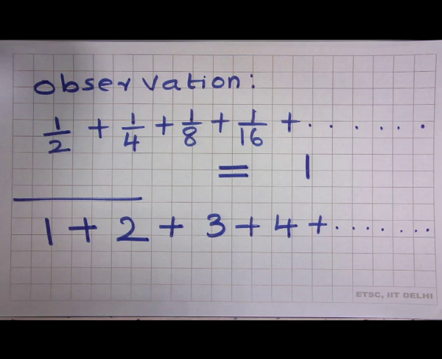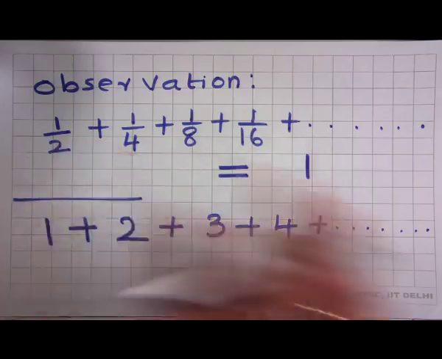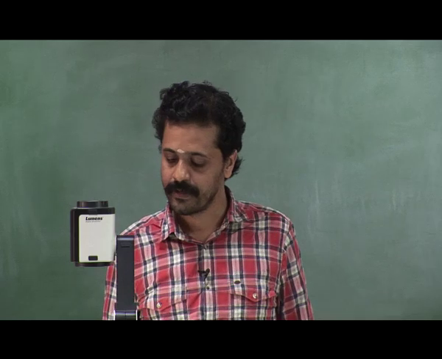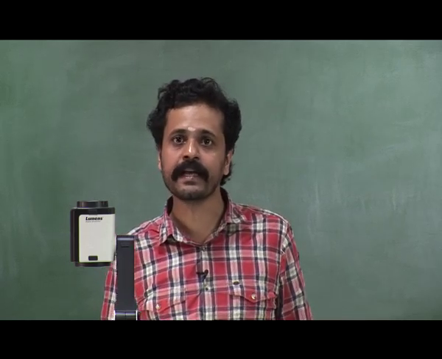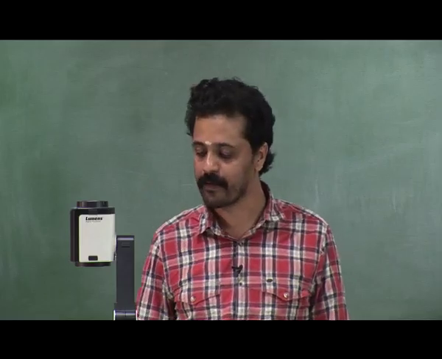This is in contrast to the previous example, where the sum of infinitely many real values yielded a finite number, namely 1.